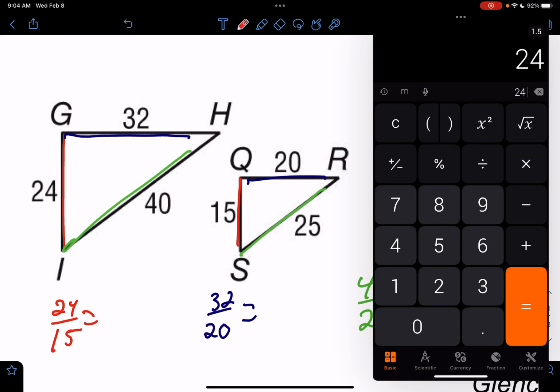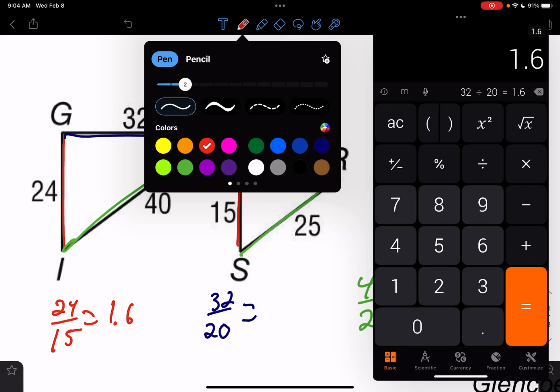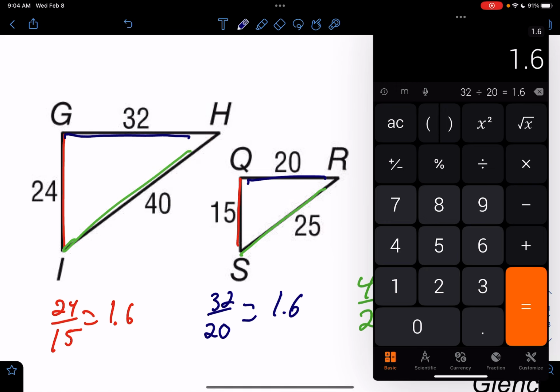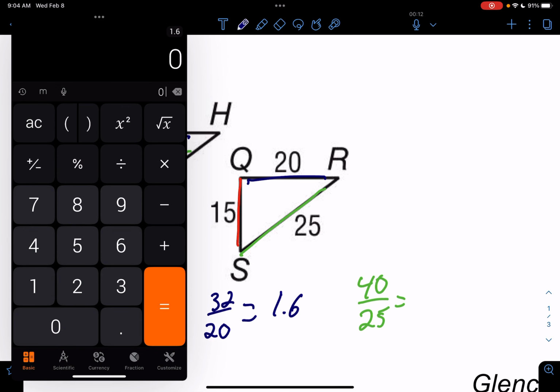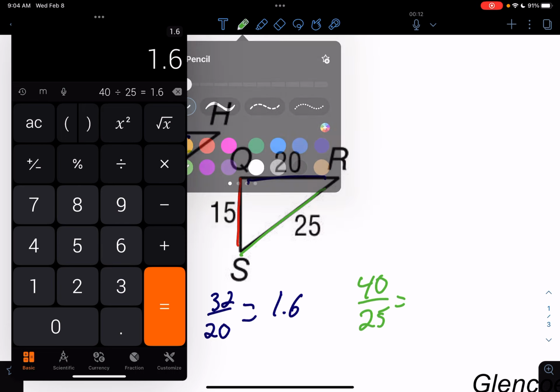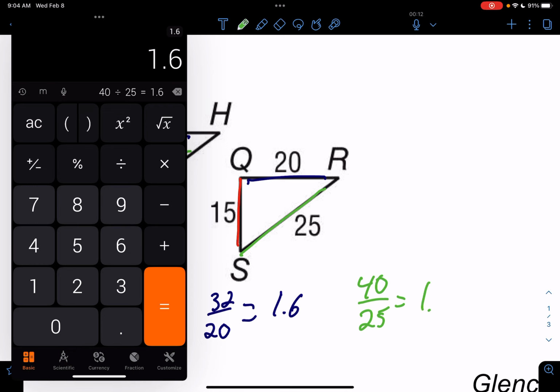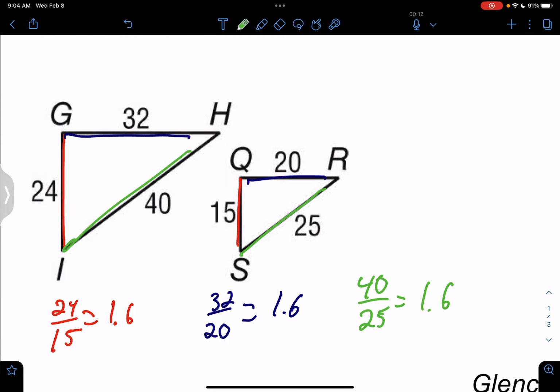So let's start with 24 divided by 15. We have 1.6. Let's say 32 divided by 20. 1.6. Is that enough? No, that is not enough. I need to check all three sides. So 40 divided by 25, 1.6. So now I definitely know these two triangles are similar.